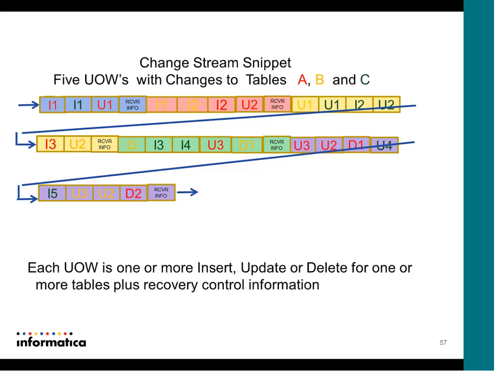Just to make it clear, what we would typically have in this case is a PowerCenter session with 3 source qualifiers: a source qualifier for table A, a source qualifier for table B, and a source qualifier for table C. As the changes arrive at the PowerCenter session through the PowerCenter reader, they will be routed to the appropriate source qualifier so that they can be processed.